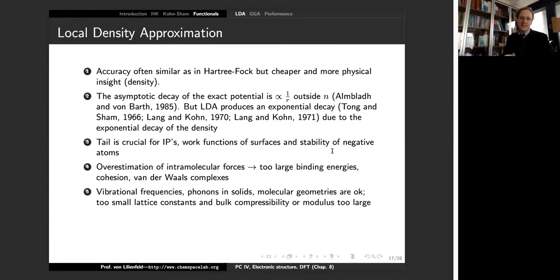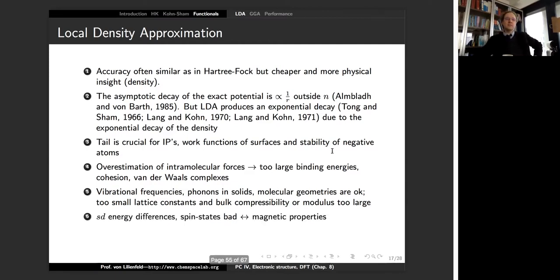Vibrational frequencies, phonons in solids and molecular geometries are typically okay with LDA, but you will find that the geometries and the lattice constants, everything is a little bit shrunk too much together. So LDA likes to pull the atoms together. In other words, it slightly overestimates the electronic contribution to your total energy.